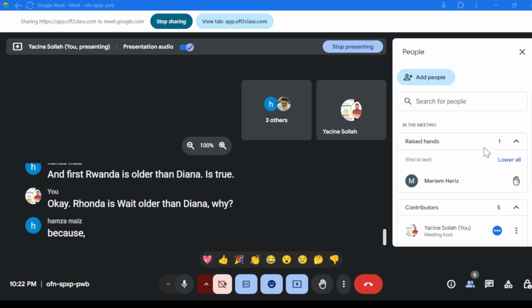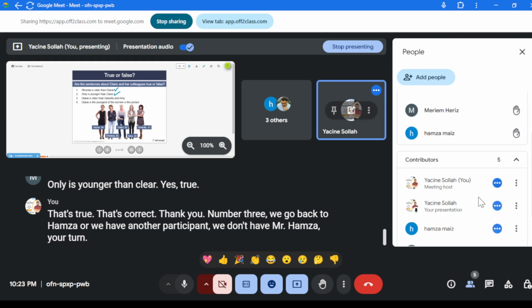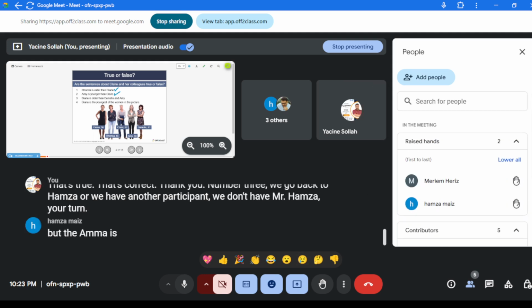Okay, next one. Maryam, number 2. Andy is younger than Claire. Yes, true. That's correct. Thank you. Number 3, Mr. Hamza, your turn. Diana is older than Daniel and Ami.